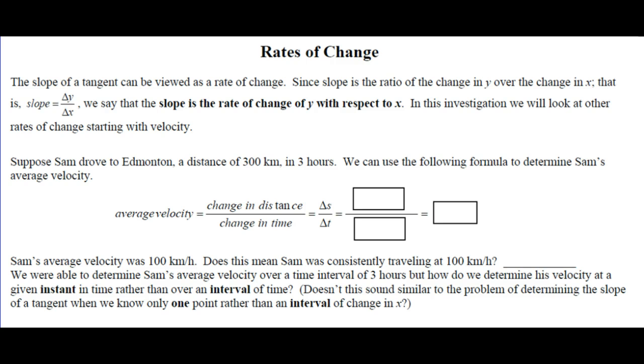Suppose Sam drove to Edmonton, a distance of 300 kilometers in 3 hours. Although if we're talking velocity, it should probably be a displacement.